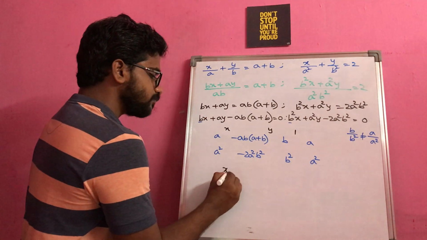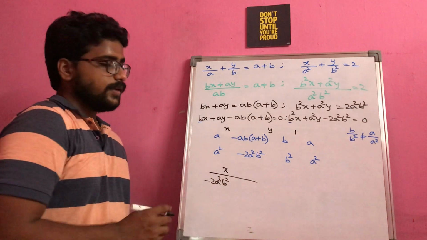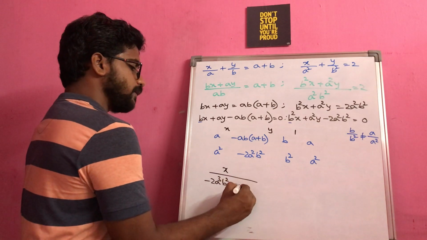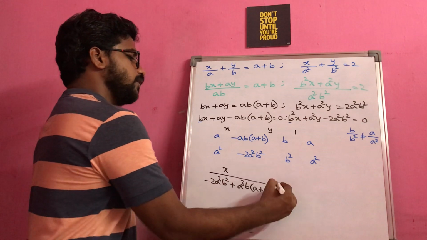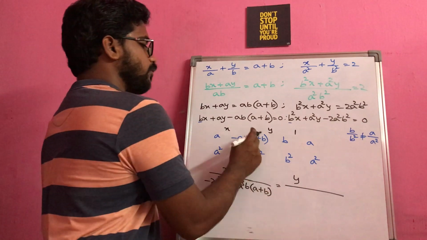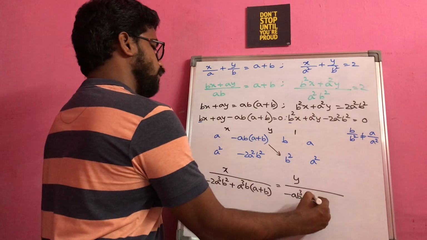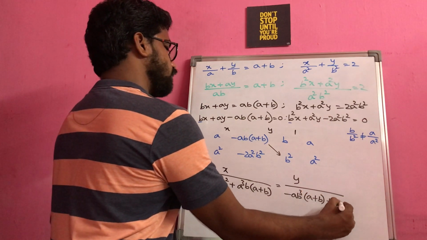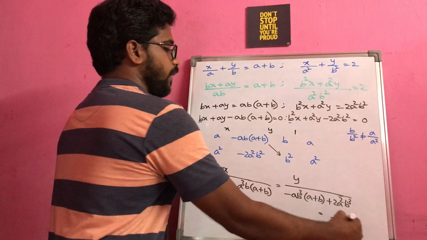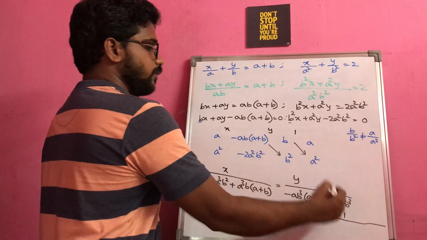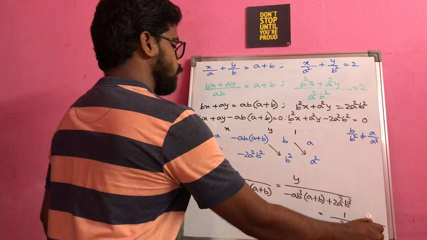So let us write this: x divided by minus 2a cube b square, minus into minus will become plus, and this is a cube b into a plus b, is equal to y divided by, again do the cross multiplication like this, minus ab cube of a plus b, minus into minus is plus 2a square b cube, is equal to 1 divided by, again do the cross multiplication here, a square b minus ab square.